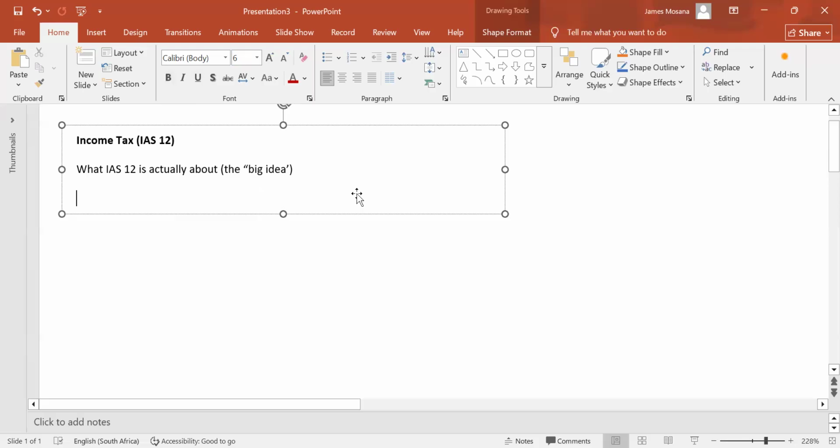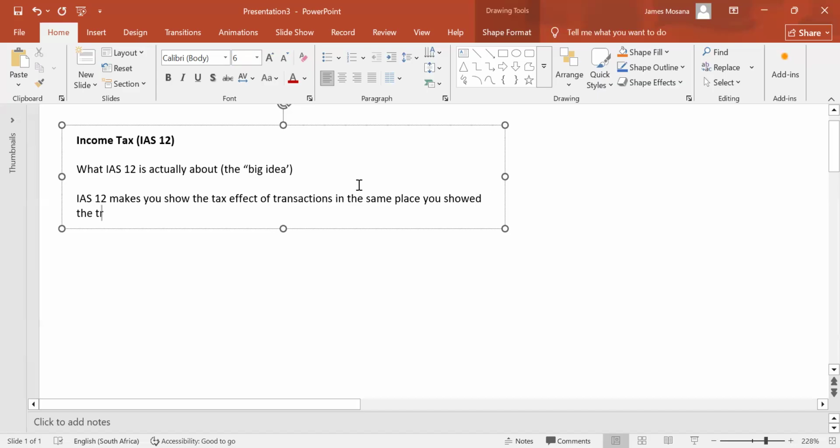Most importantly, IAS 12 makes you show the tax effect of transactions in the same place where you showed that transaction. That's essentially IAS 12.